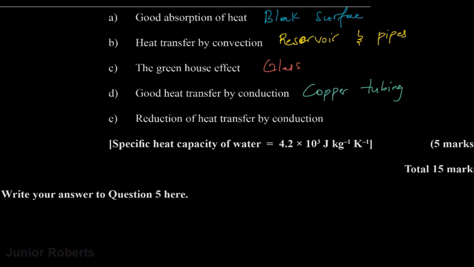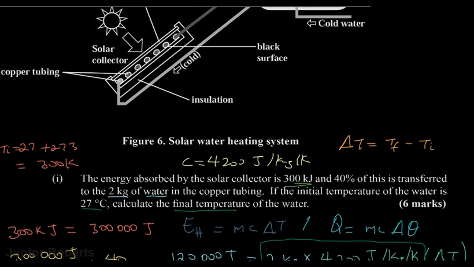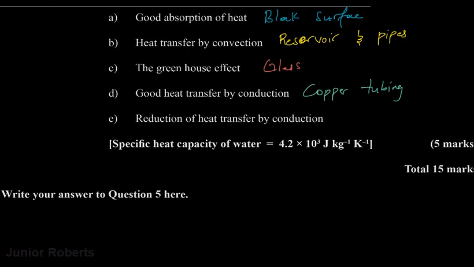Again, quick look at our diagram, right, and we see that we have some insulation here. Right, we know that the purpose of this insulator is to actually prevent any wasting of thermal energy to the environment. So by conduction, and the material that is responsible for that is the insulation here. Right, so for this we're going to say insulation.